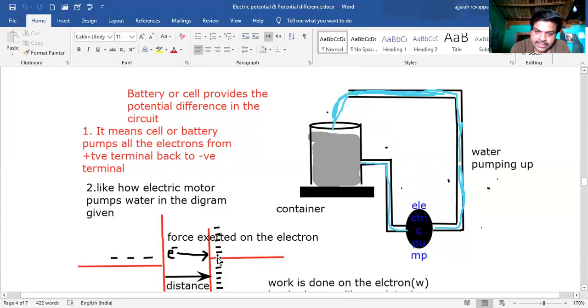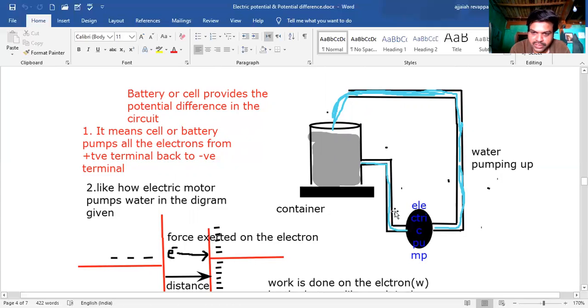Like electrons flowing by themselves if you maintain the required potential difference through the external circuit from the negative terminal to the positive terminal, the water flows by itself from this negative terminal to the positive terminal, that means from the tank to the electric pump, because of gravitational force. So by itself it flows.